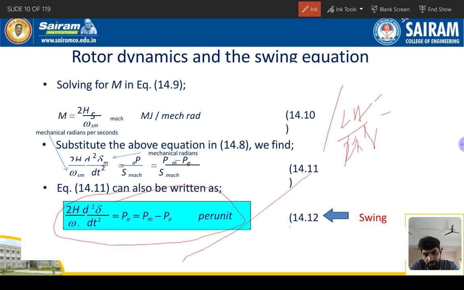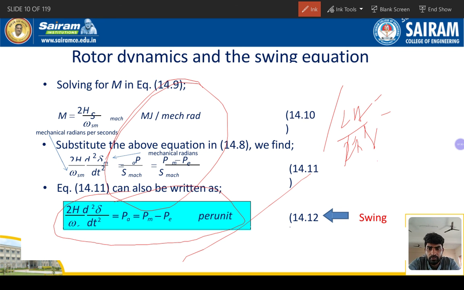Pm is equal to T into omega, and P is equal to EB into IA, or V2 into E2 into IA. So just go through the equations and then definitely we'll be solving the problem. I'll be sending the notes of this, so please refer to them and you'll get all the ideas, right?